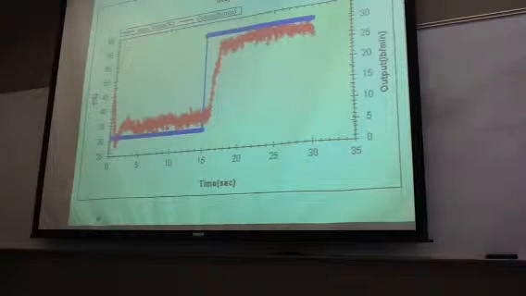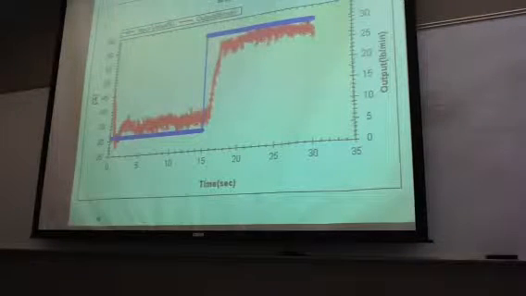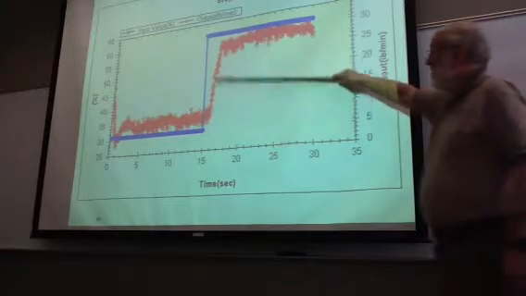From this curve, we can get 3 parameters. One of them is the time constant, which I like to call tau. That's the thing that, when it's tau, it goes up 63.2% of this distance.